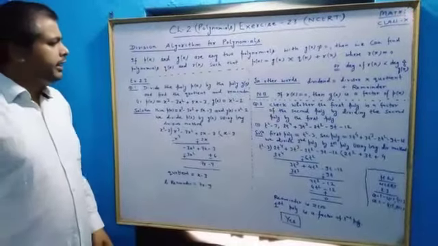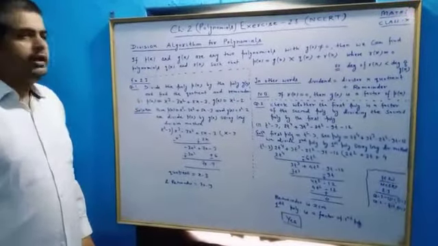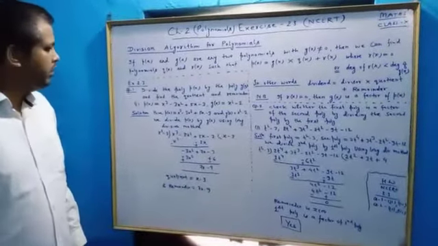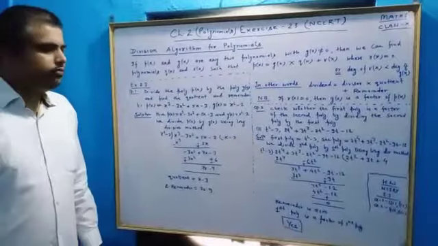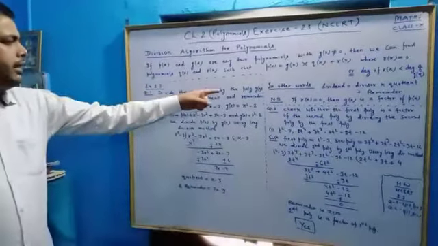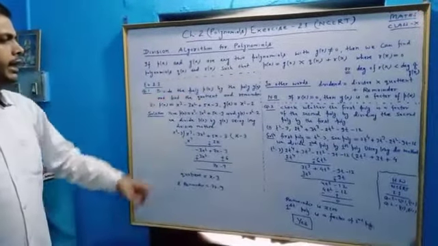Now, taking these things in mind, we start exercise 2.3, and the first problem is: divide the polynomial p(x) by the polynomial g(x) and find the quotient and remainder.